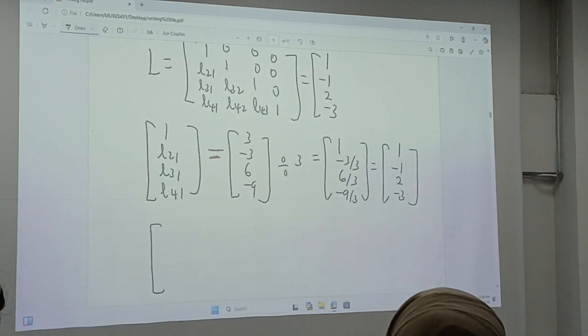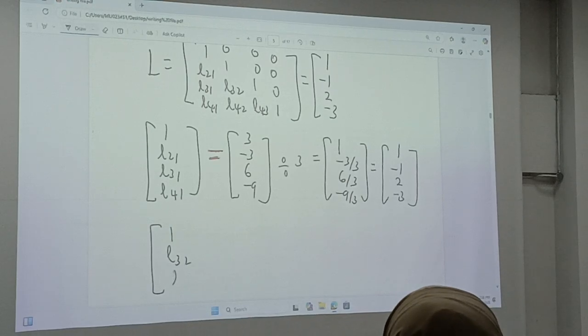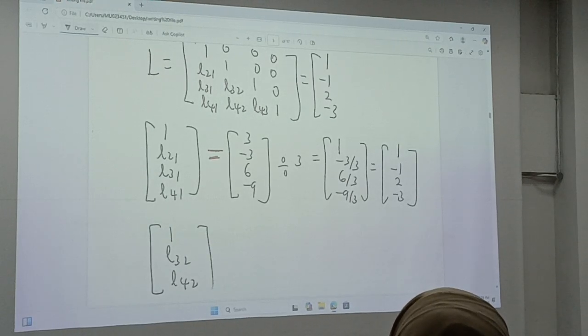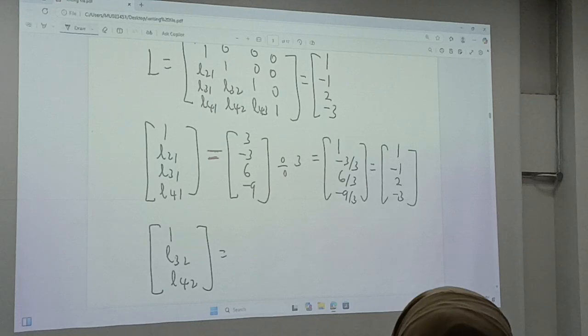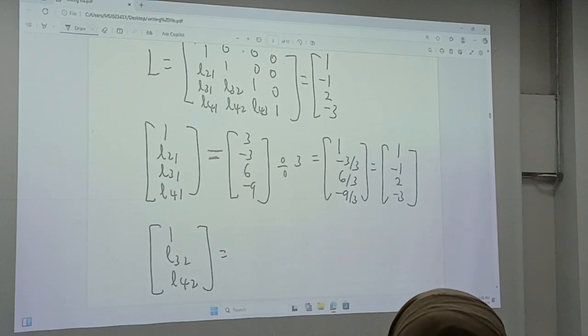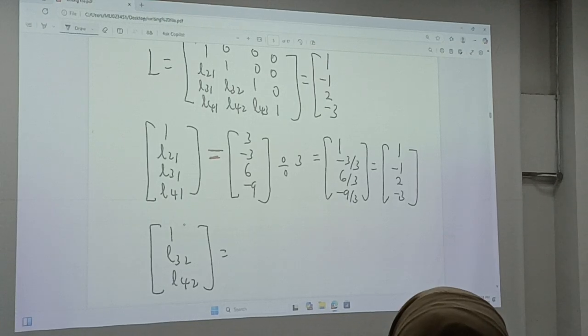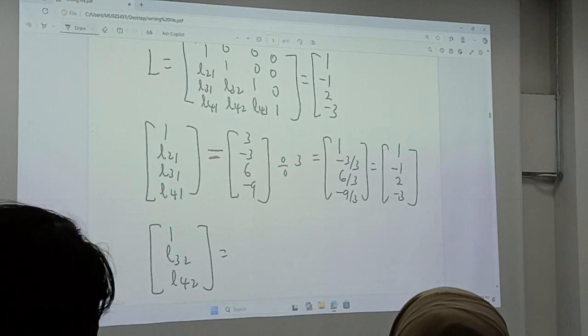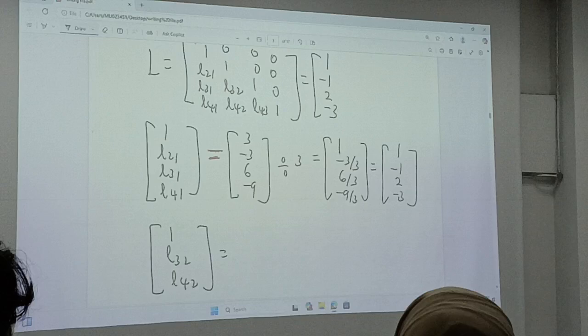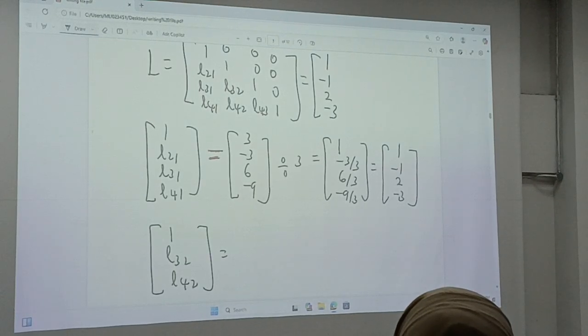We start from 1. So 1, L32, L42 starts from row number 2, right? At the second column, row number 2, second column.